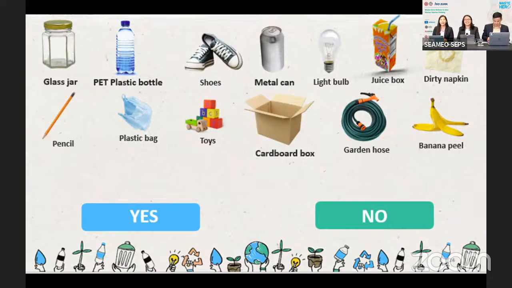Okay, next, toys. A lot of smile. Next one, cardboard box. Oh, a lot of yes. Okay. And garden hose. Garden hose. Still a lot of smile for garden hose.